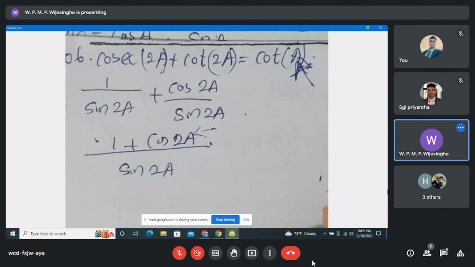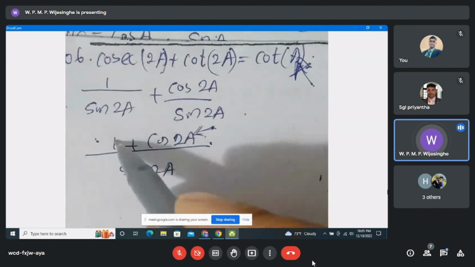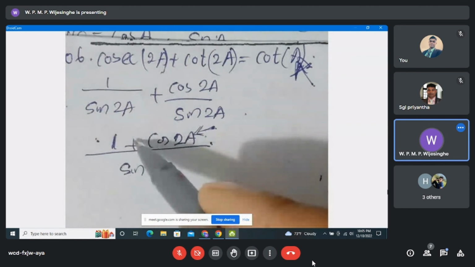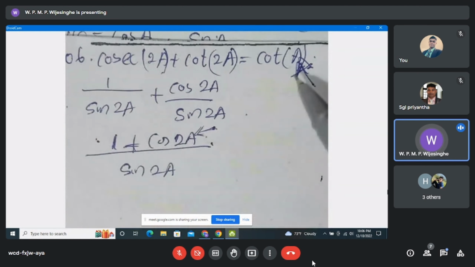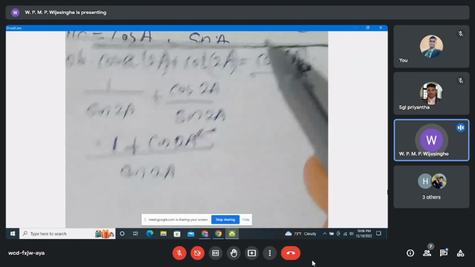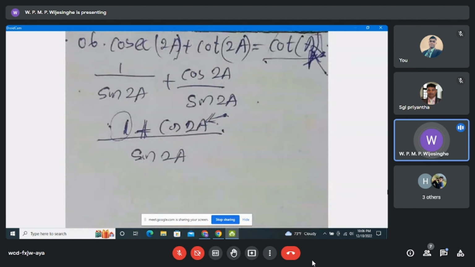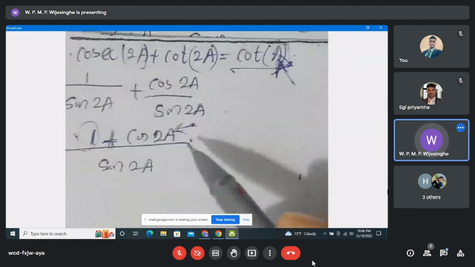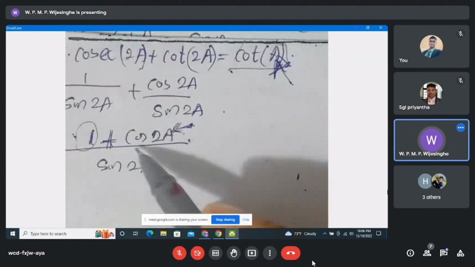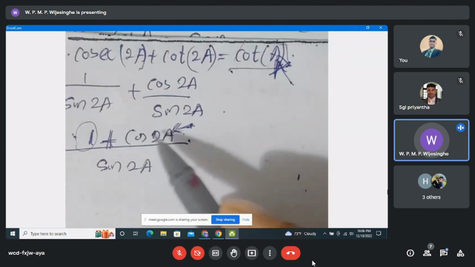Then it is easy to simplify. Here there is no addition in this term, only a single term. So I should remove this one so that I select and I should expand cos 2A.